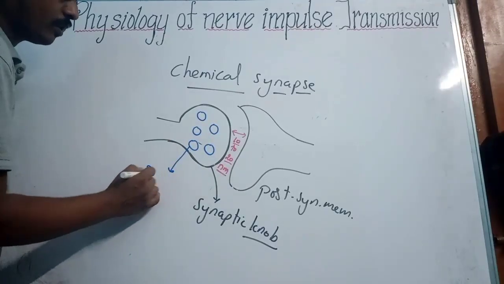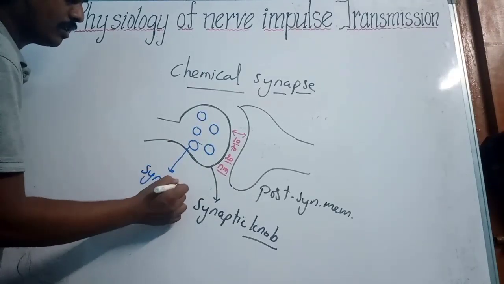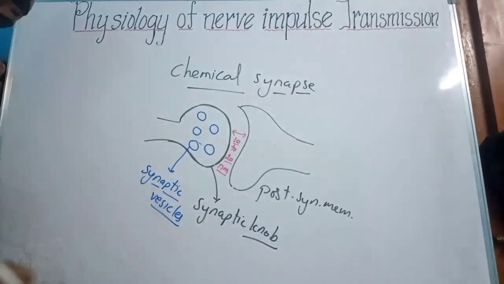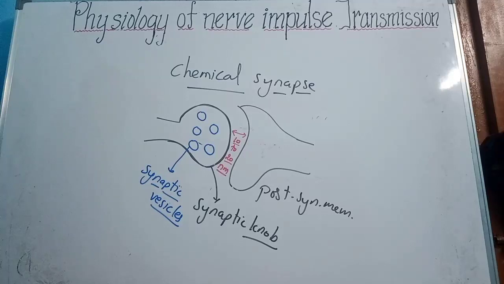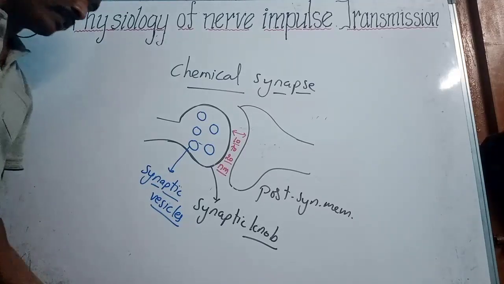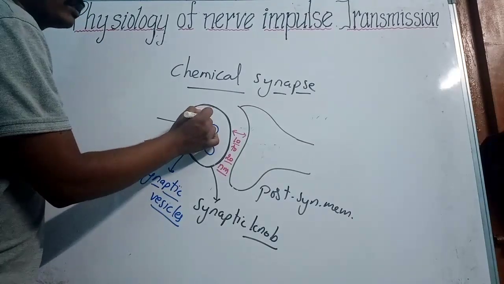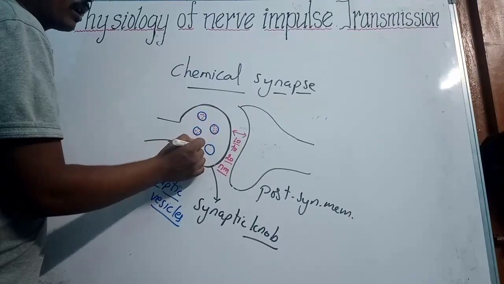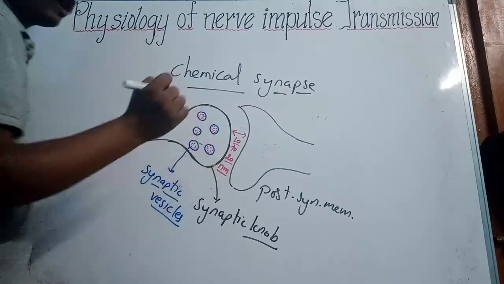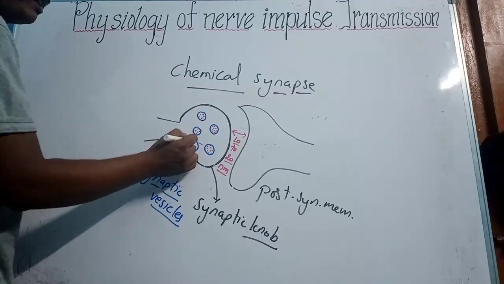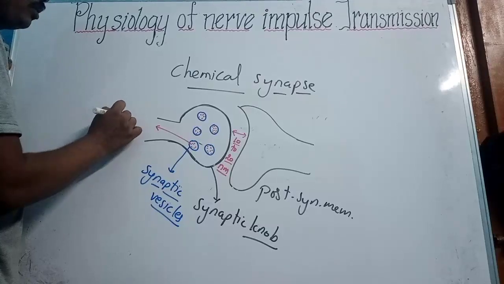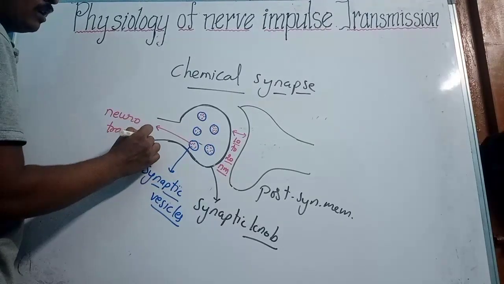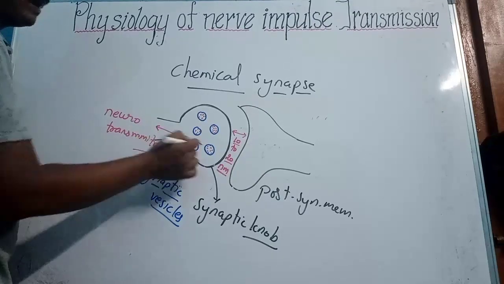Synaptic vesicles are filled with chemicals called neurotransmitters, which are held by the synaptic vesicles.